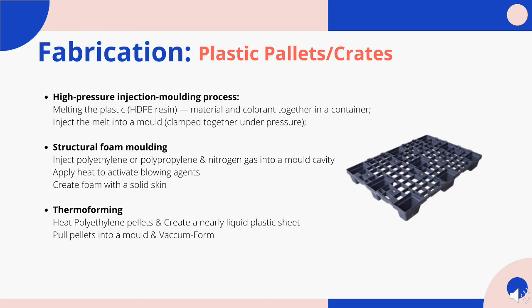The second method is structural foam molding, where polyethylene and polypropylene and nitrogen gas are injected into a mold cavity and heat is applied to activate blowing agents, so we create a foam with a solid skin. Third is the most popular one, thermoforming, where we heat the polyethylene pellets and create a nearly liquid plastic sheet, and then pull it into a mold and create a vacuum form.